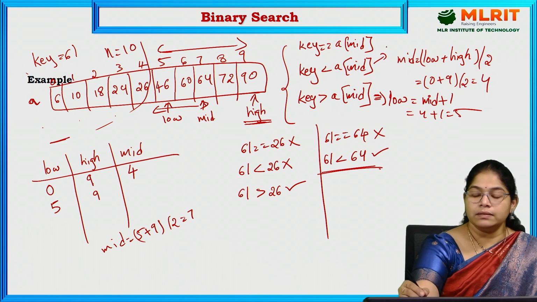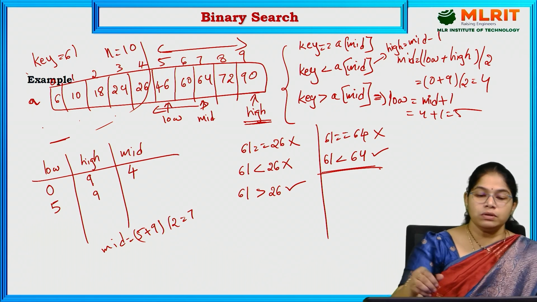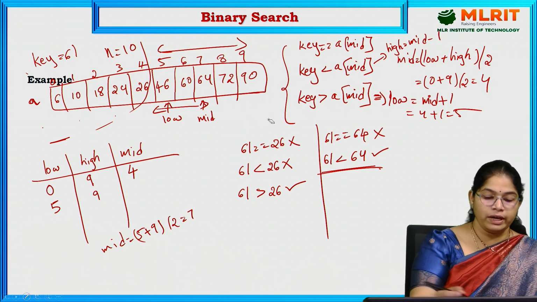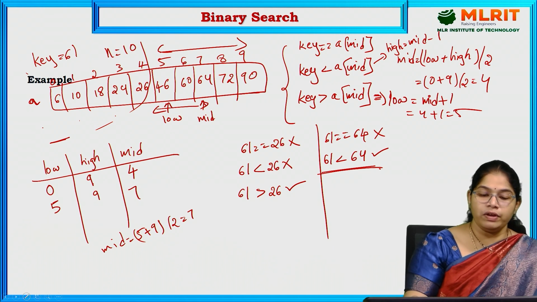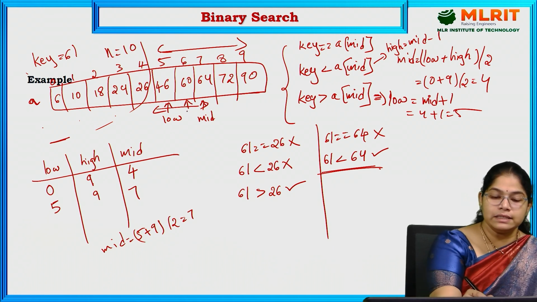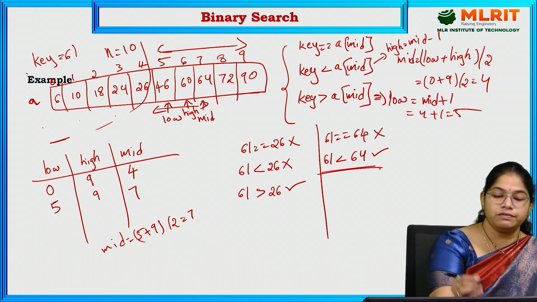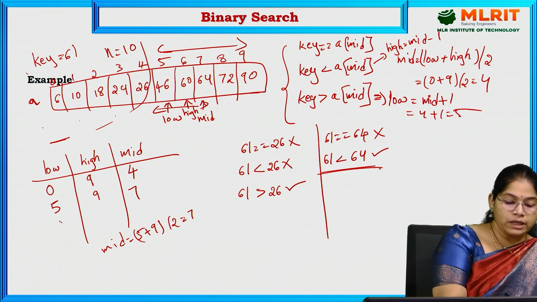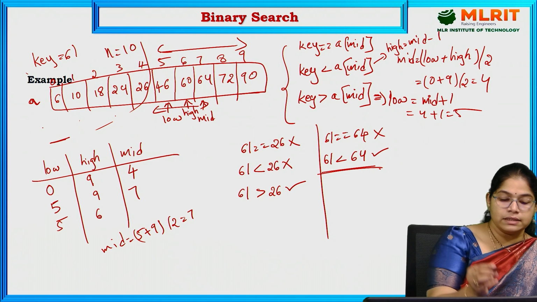That is, high is equal to mid minus 1. Mid we have 7, 7 minus 1, now that is 6. So the high value is shifted to 6. In such a case, low remains the same. Now low is 5, high is 6.